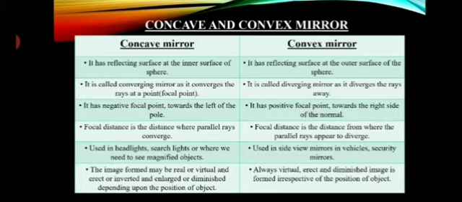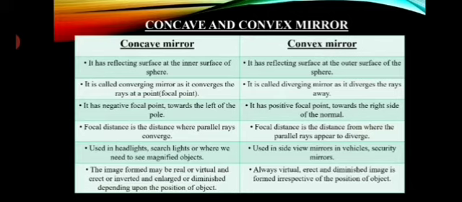Now what is a real image and a virtual image? A real image can be obtained on the screen, whereas a virtual image cannot be obtained on the screen. As you saw in the reflection from the plane surface, when you see your image in the mirror, you cannot obtain it over a screen.